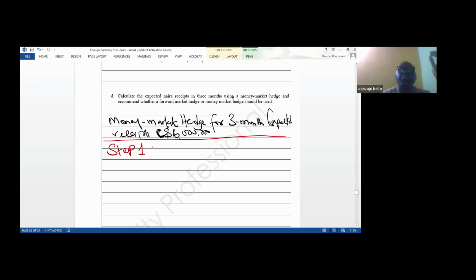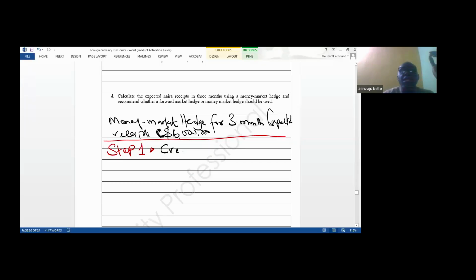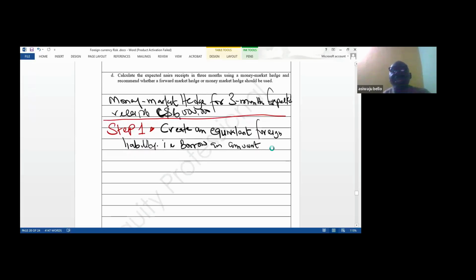Look at your step 1. Create an equivalent foreign liability, that is, borrow an amount in central dollar now.